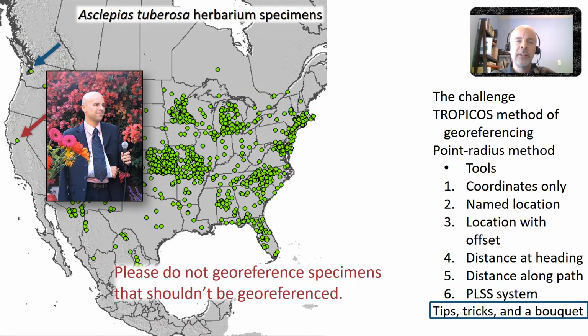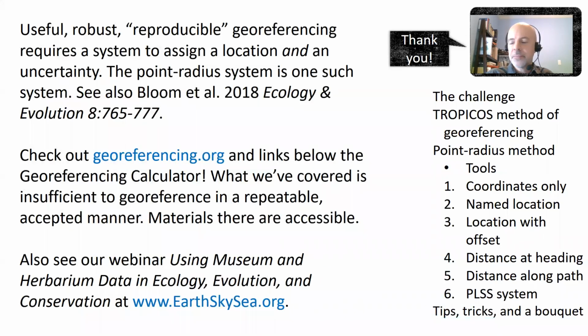You say yes, and you pass it on to them, forgetting to tell them that you georeferenced something to the greenhouse or wherever it was growing. And this is not an uncommon problem. I've found polar bears georeferenced to the Omaha Zoo. A colleague of mine found a giraffe georeferenced to San Diego Zoo, and so on and so forth. So the end point here is that please don't georeference specimens that shouldn't be georeferenced.